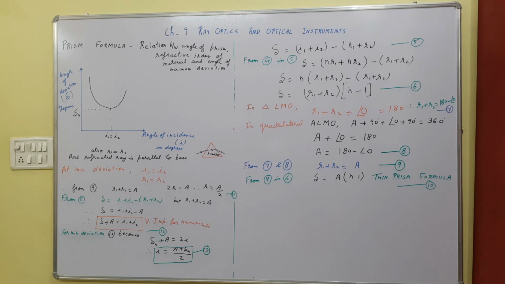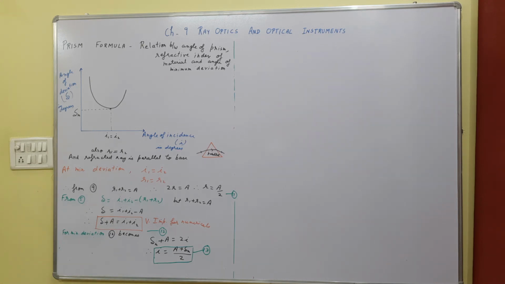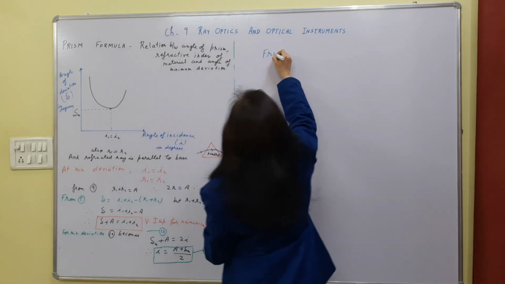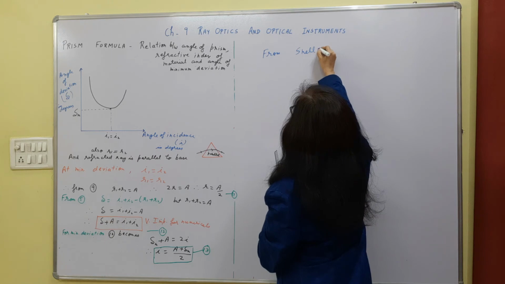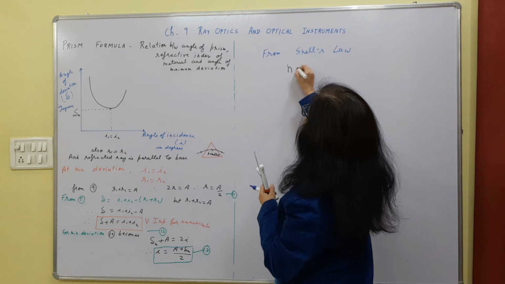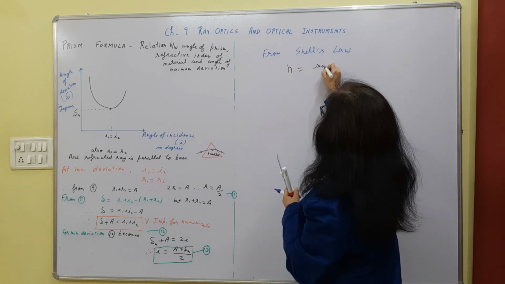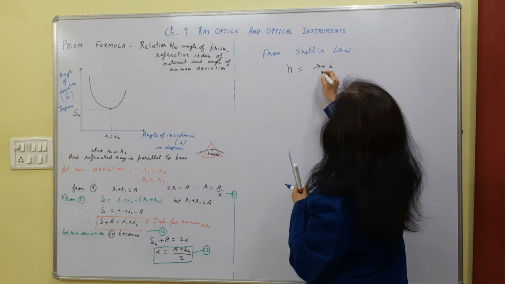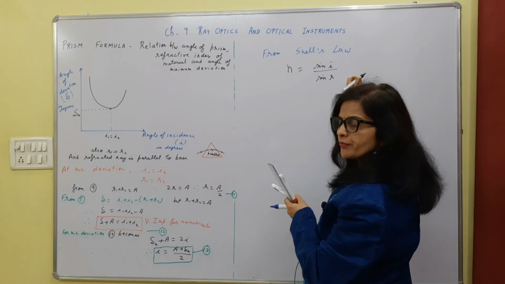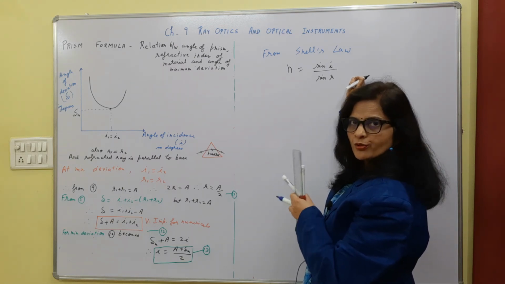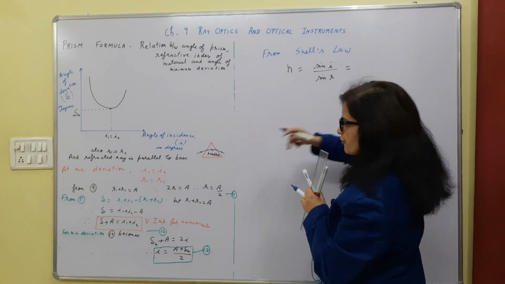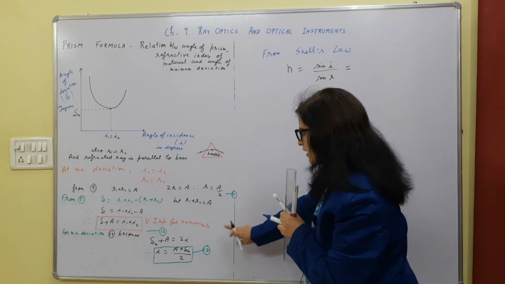So for that I need to rub the board. From Snell's law, we know that the refractive index at the first face is sine I upon sine R, sine I1 upon sine R1, and we know for minimum deviation I1 is equal to I2 is equal to I and R1 is equal to R2 is equal to R. So put the values from 11 and 13.